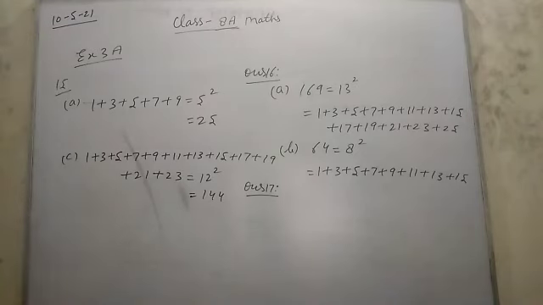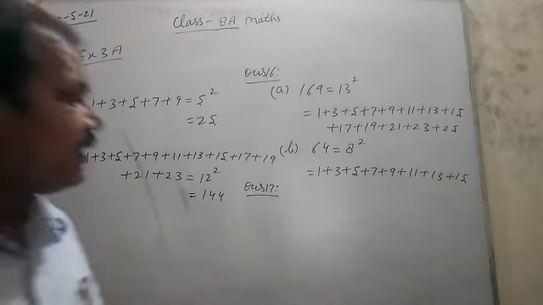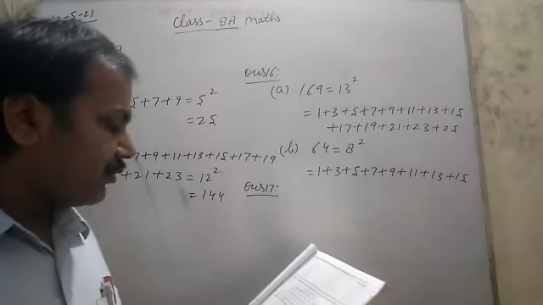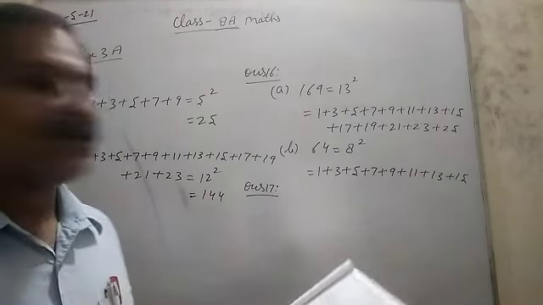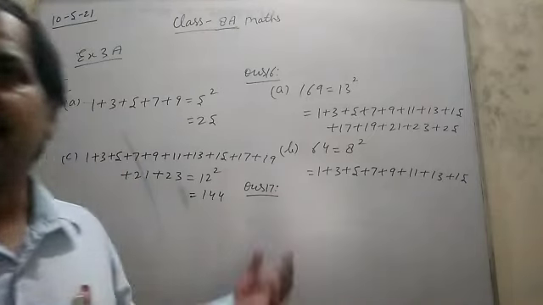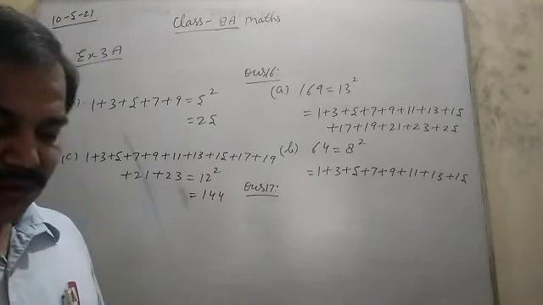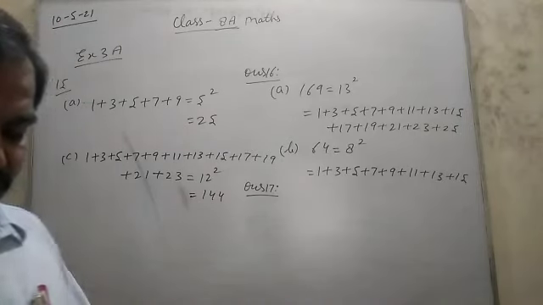So here 3 numbers are given. If they satisfy this condition, the sum of the squares of the first 2 numbers is equal to the square of the third number.